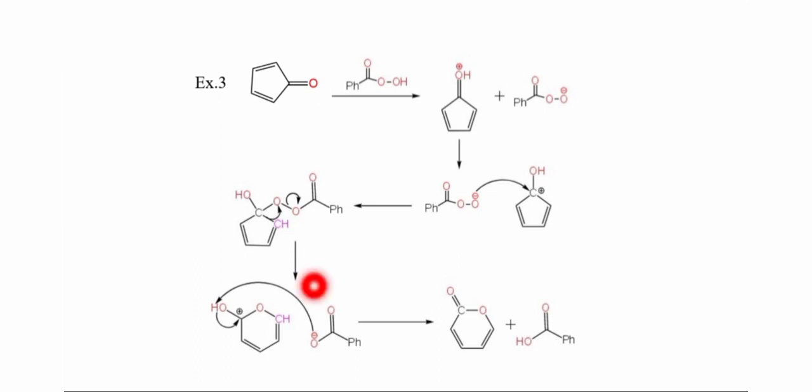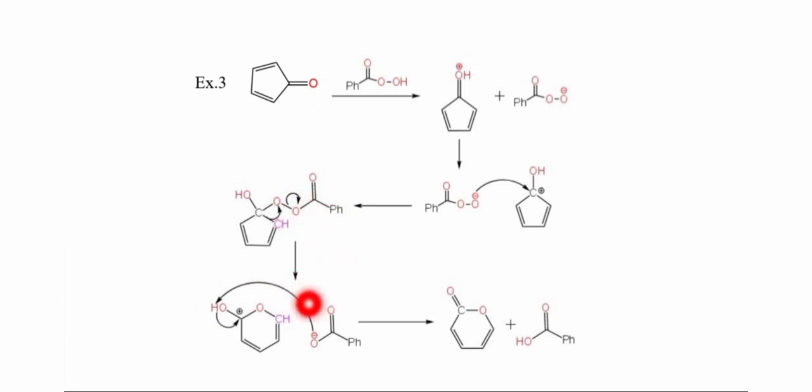Okay, here you can see this oxygen forms a bond with this carbon, and what happens here is ring expansion takes place. The 5-membered ring is converted into a 6-membered ring. Okay, and this oxygen is intact as it is, which acts as a source of proton for our counter ion.